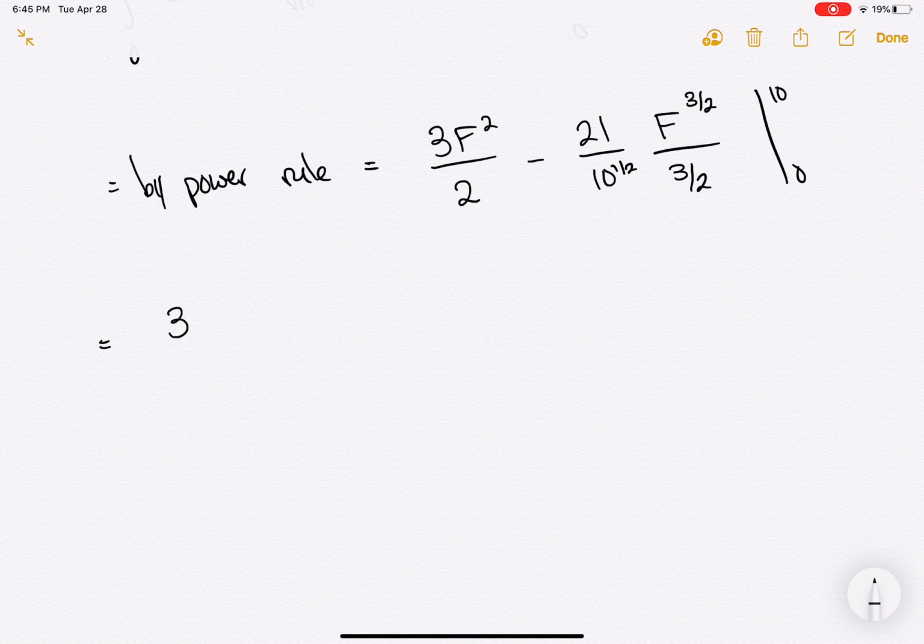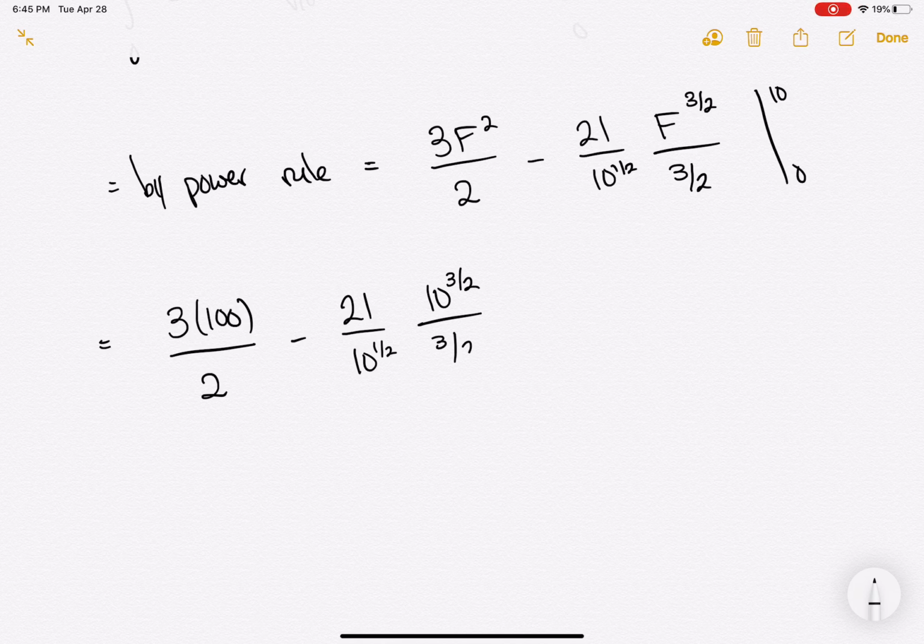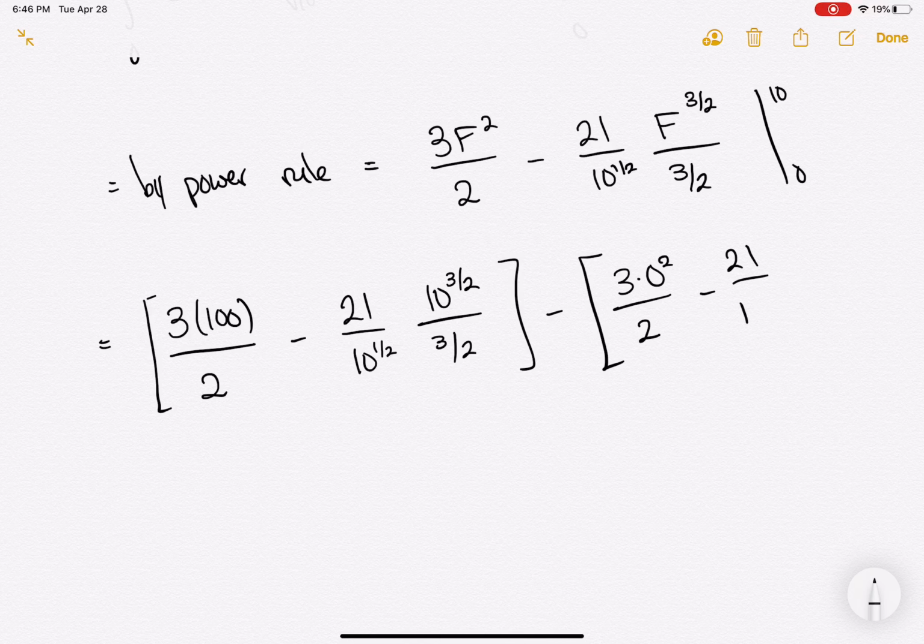Plug 10 in: 3 times 100 over 2 minus 21 over 10 to the 1/2, times 10 to the 3 halves over 3 halves. This is me evaluating at 10. Then I'm going to subtract evaluating at 0: 3 times 0 squared over 2 minus 21 over 10 to the 1/2 times 0 to the 3/2.